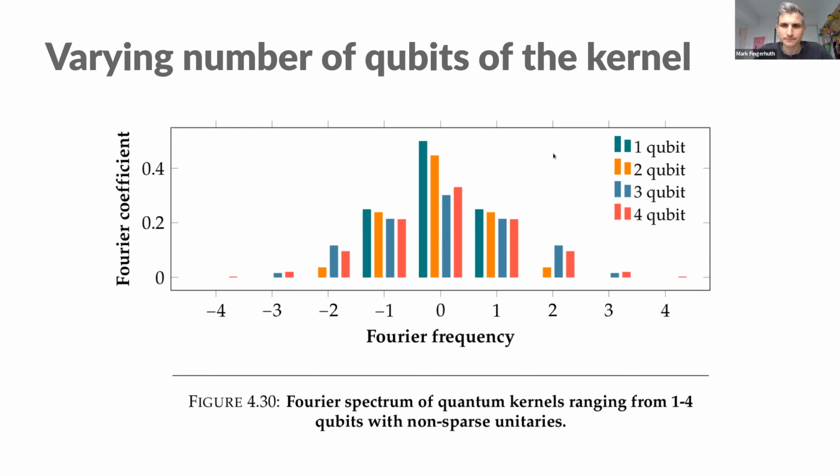You can see that in the 1 qubit case, we only get the first order component. As we're adding a second qubit, we're unlocking the second order component. And so with each additional qubit, we're getting one additional Fourier frequency that the kernel is able to use in order to approximate certain functions.